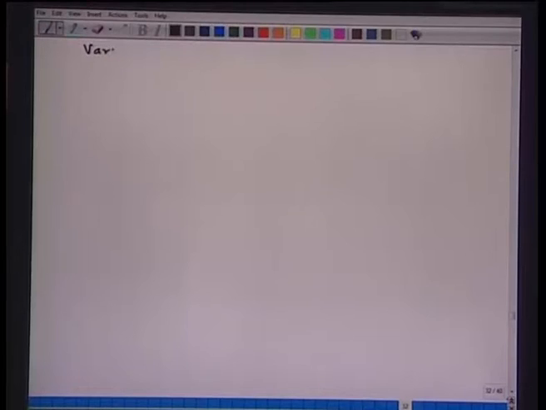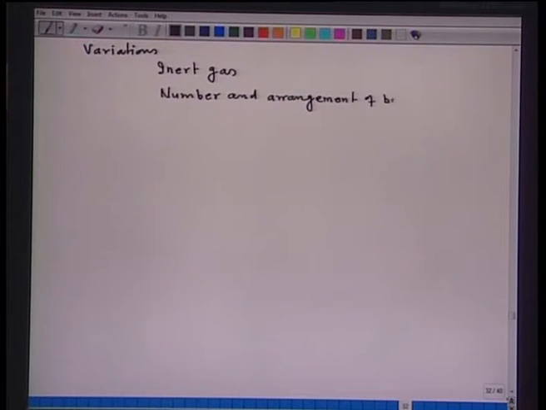Now, all the variations of this process differ in the following aspects. The variations of top and bottom blowing differ in terms of the amount of inert gas, then the number and arrangement of bottom tuyeres.